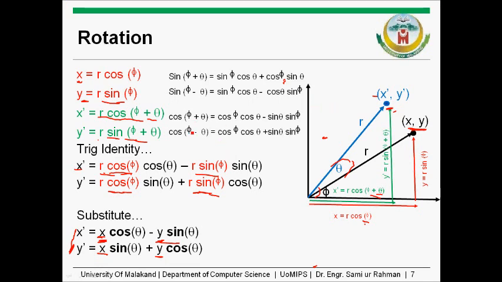When you consider cos, the signs should be opposite. Here I have plus, so here the sign is negative, and here I have negative, so the sign should be positive. We can prove these formulas, but this is 10th class work, so we can skip it.